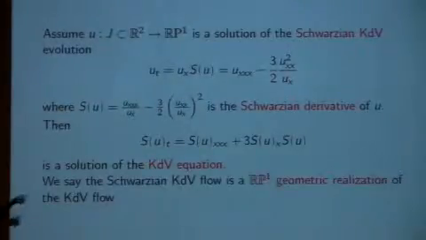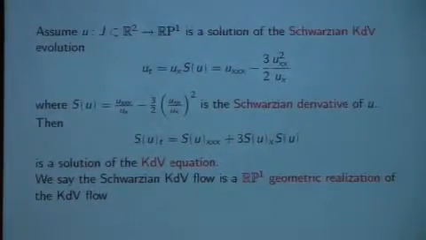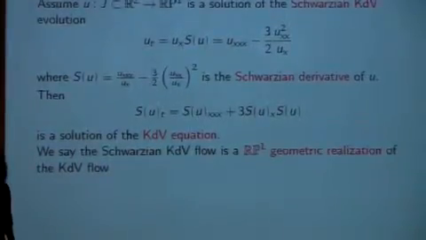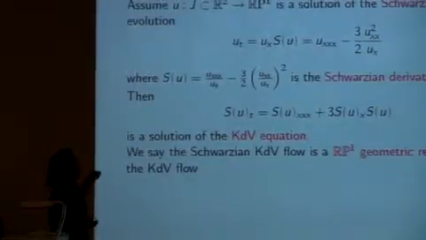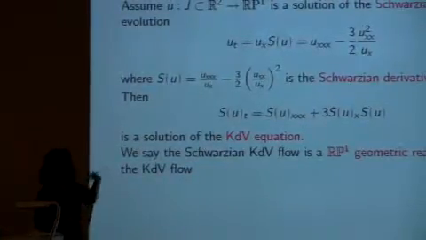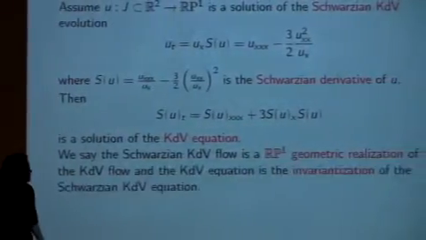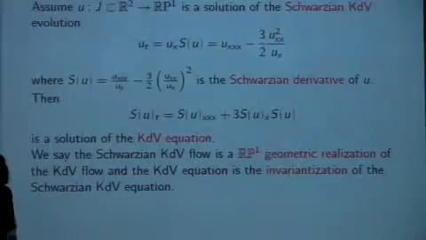So we say that the Schwarzian KdV flow is a projective realization of the KdV equation, because you are viewing it as a flow of, if you want, curves in RP1, really reparametrization of RP1. You can also say that the KdV equation is the invariantization of the Schwarzian KdV.